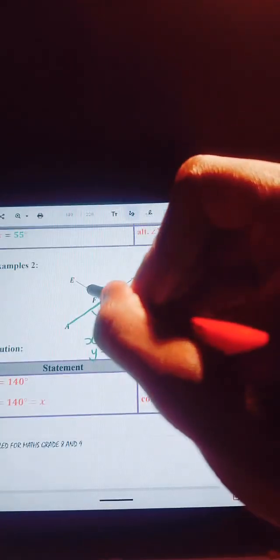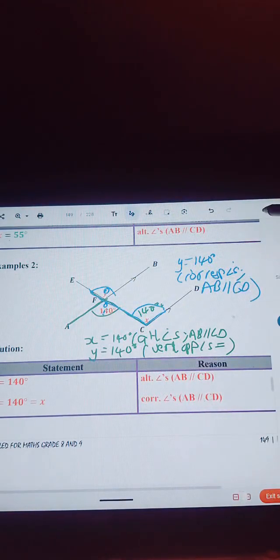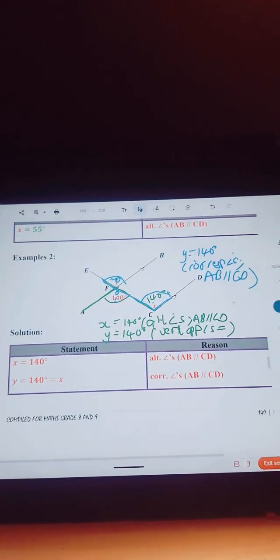Then after getting this, we could say this angle is equal to that angle, corresponding. So there's really many ways, guys. Depends on what you see, what your eye comes easily to see.